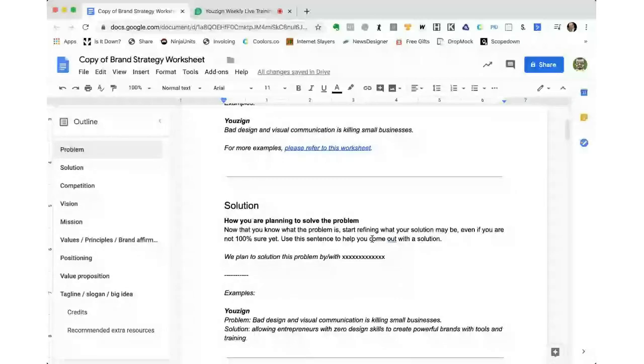The next thing is you focus your attention on how you plan to solve the problem. How do you plan to solve the problem? Now that you know what the problem is, you start refining what your solution may be, even if you're not 100% sure yet.